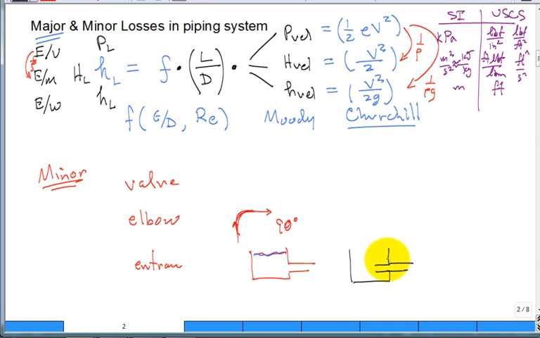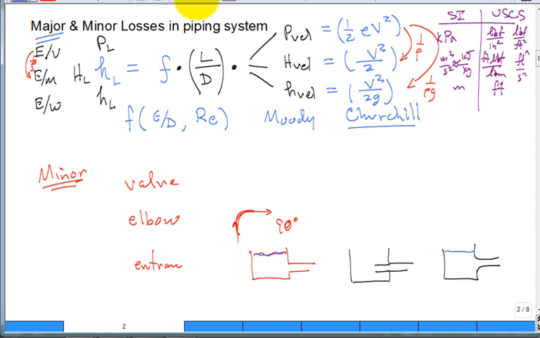You would think, what's the difference there? It's a different loss coefficient. Or if I have a tank and a curved, smooth entrance into the pipe, so you try to put a little radius. Instead of a sharp edge, it's a very smooth edge into the pipe.